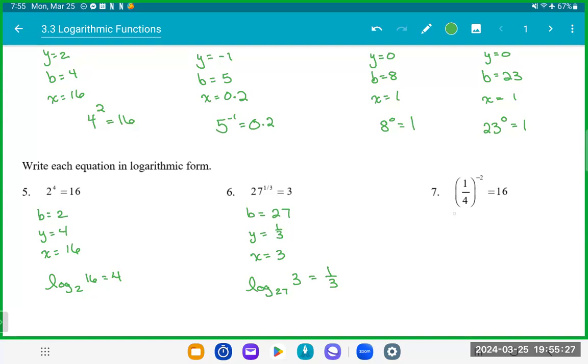Then we have b equals 1/4, y equals -2, x equals 16. So this gives me log base 1/4 of 16 is equal to -2.